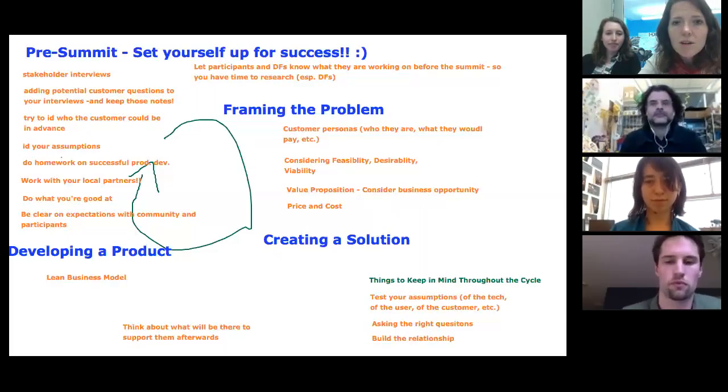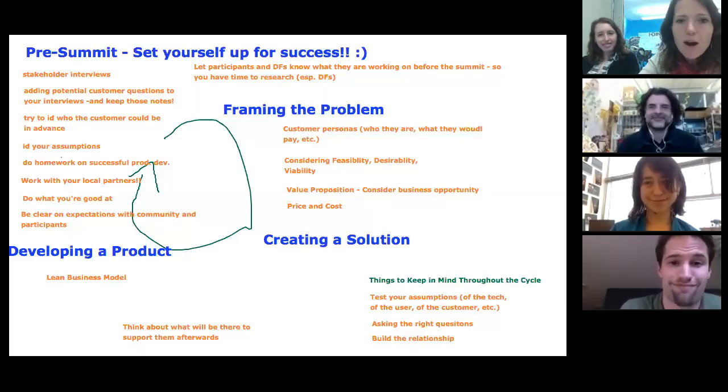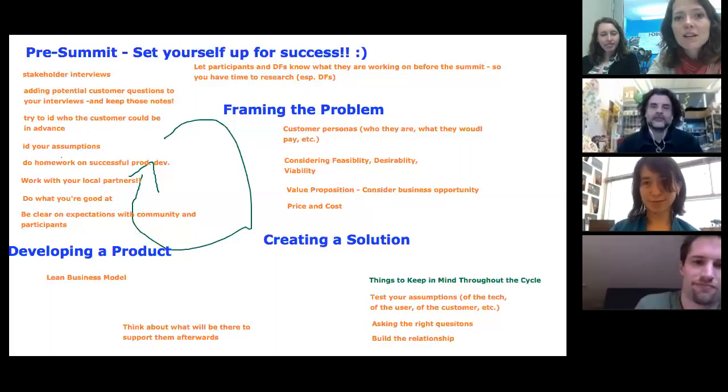I can't drive home enough that we want to make sustainable change, and to do that, we really want everyone, if nothing else, to think that there might be a customer out there, to have that seed planted in this garden now, to peek your head out of that crater, and to think about what will be there to support everything that we create after the summit. Whether that's an innovation center or some other mechanism, be thinking about that now.